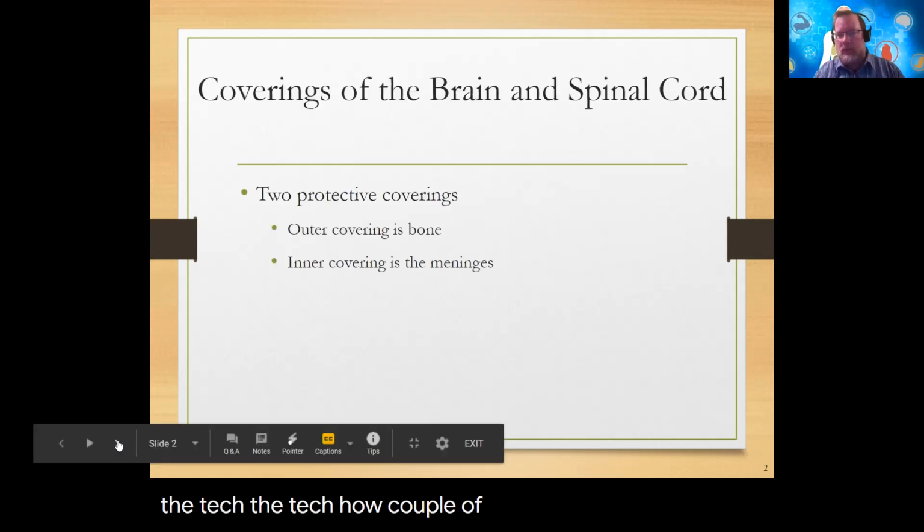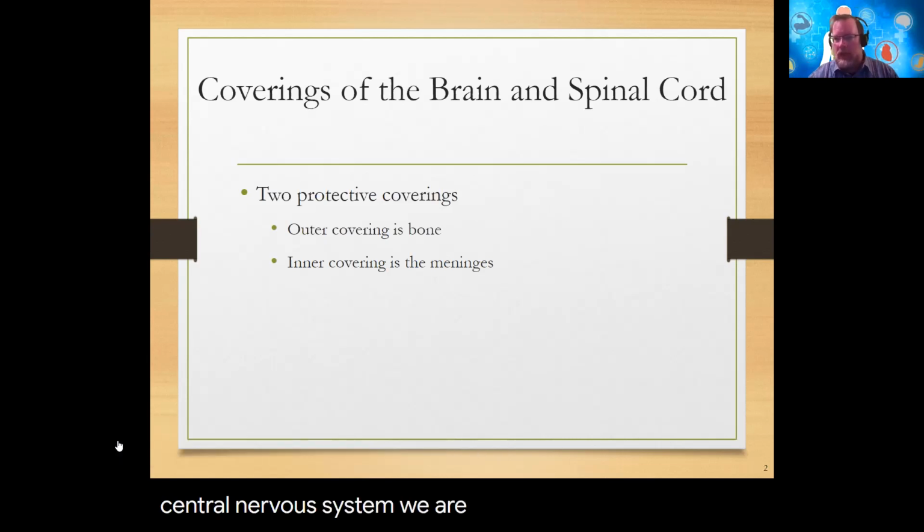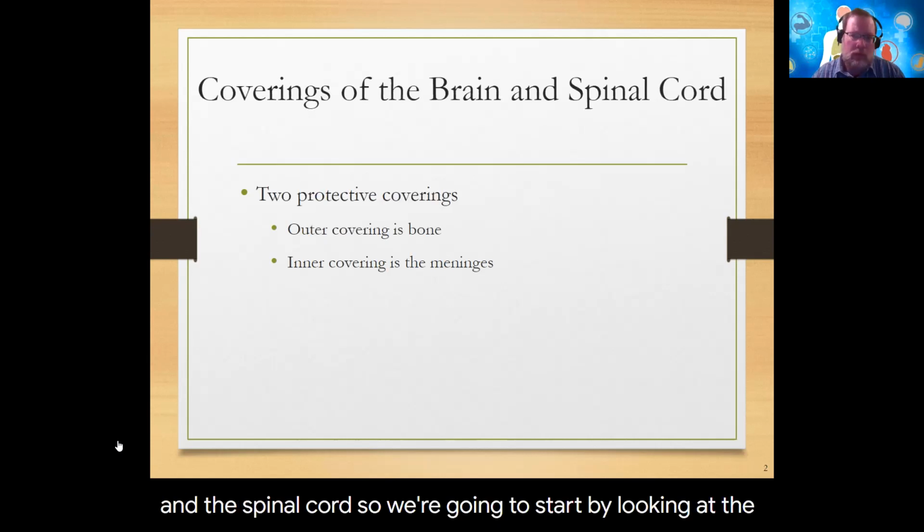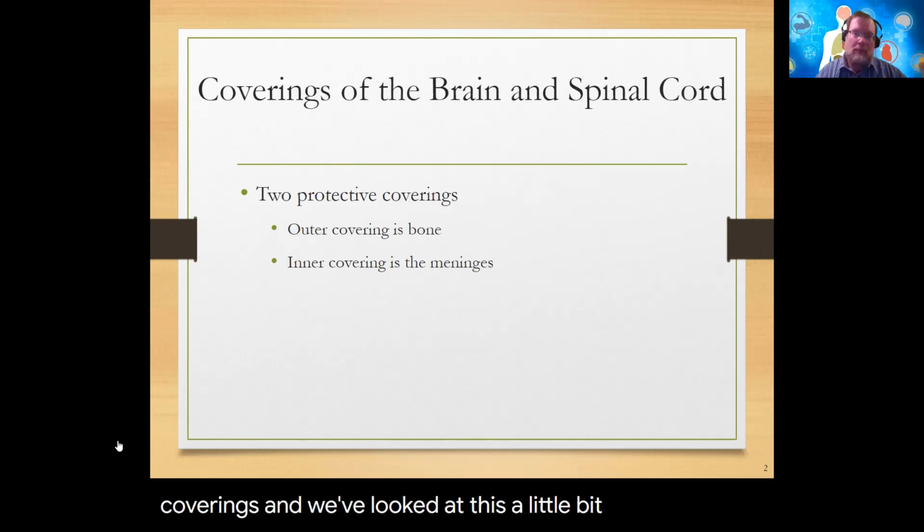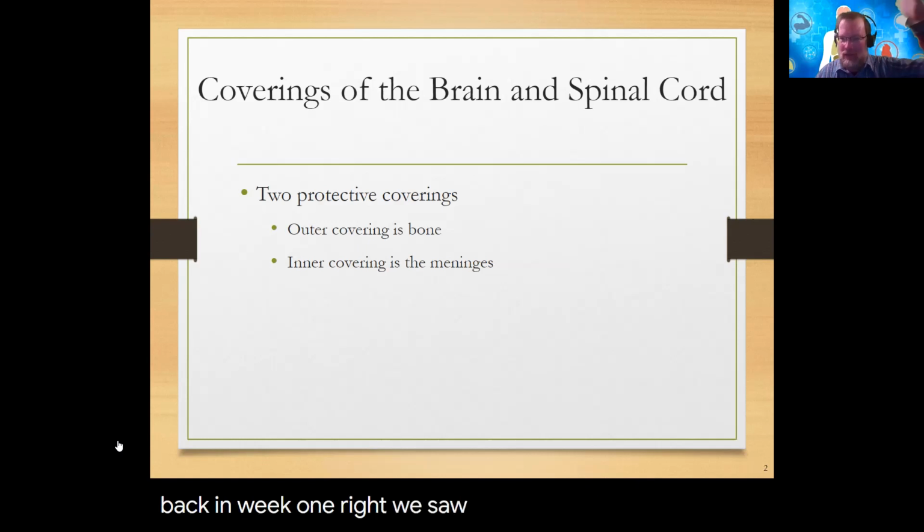Anyhow, a couple of things with the central nervous system. We are really talking about two structures, the brain and the spinal cord. So we're going to start by looking at the coverings, and we've looked at this a little bit all the way back in week 1. We saw the different body cavities, the cranial cavity and the spinal cavity.